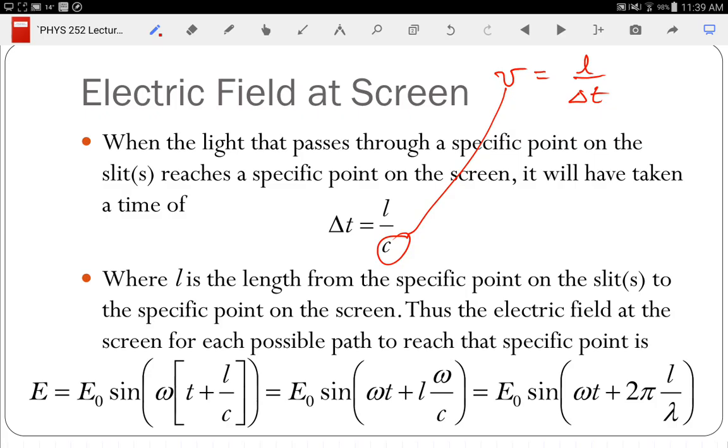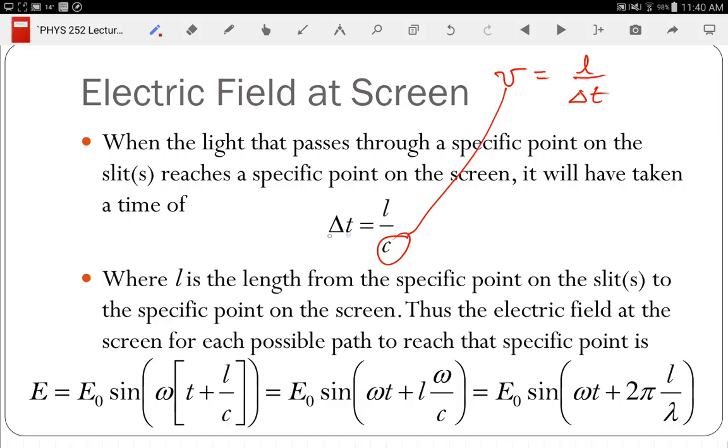And so that's all we have there, we're going to plug in the time from when the light hit the initial grating. Remember, I had the coherent light coming into the grating. The time that it takes to get from the grating to some specific point on the screen is delta t. And as I said with the first picture, that delta t is going to depend on which slit it goes to and where we're hitting the screen.